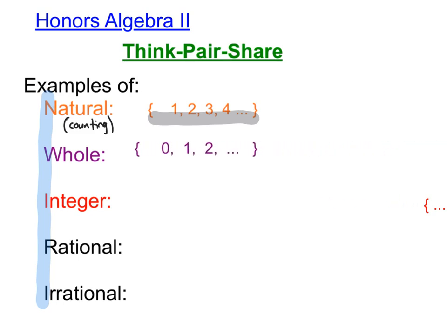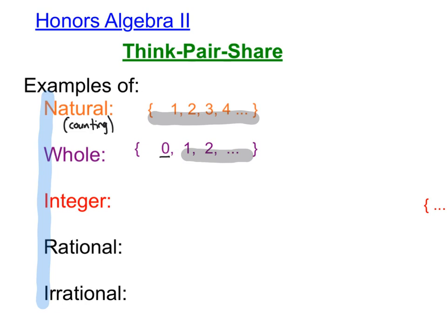A whole number is also 0. So if you think about it, whole numbers, notice I have the exact same list there, 1, 2, 3, 4, and so on, but I also have that 0 right there. So notice the natural numbers fit inside the whole numbers, so the whole numbers are the natural numbers plus the number 0.